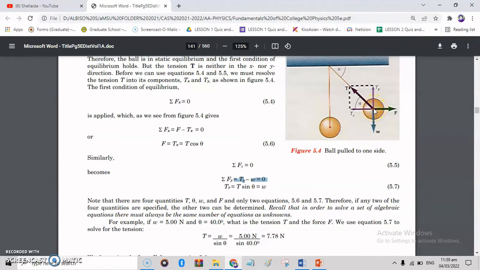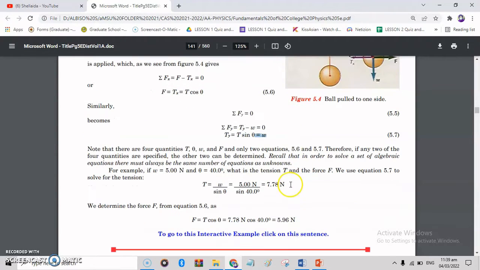T sin theta. Let us move W to the other side, so Ty is equal to W. And Ty is equal to T sin theta equals W. So there are 2 equations now, this equation 5.6 and equation 5.7.